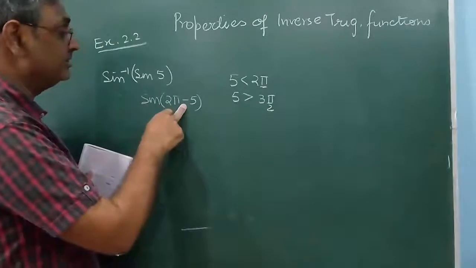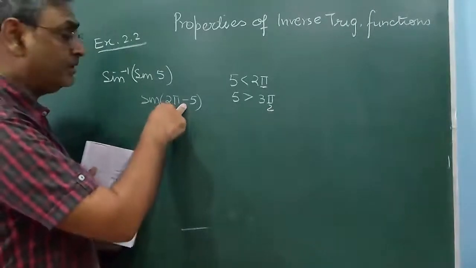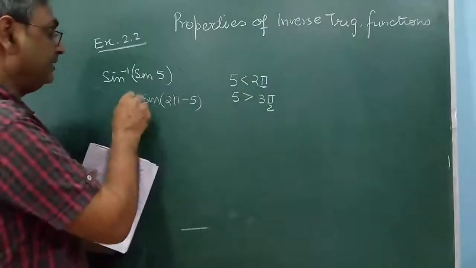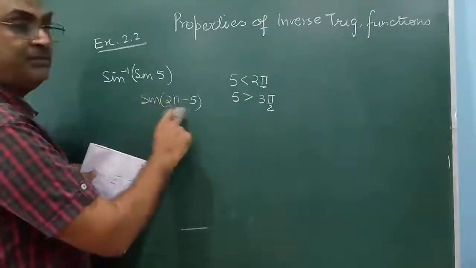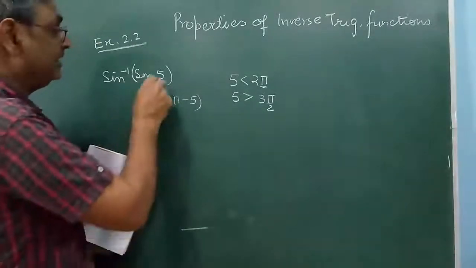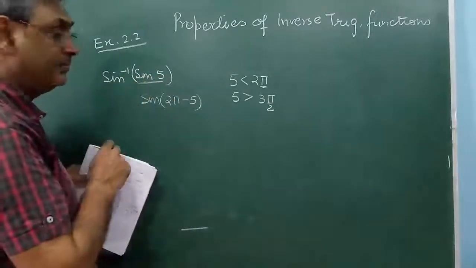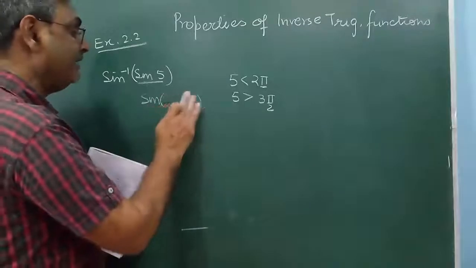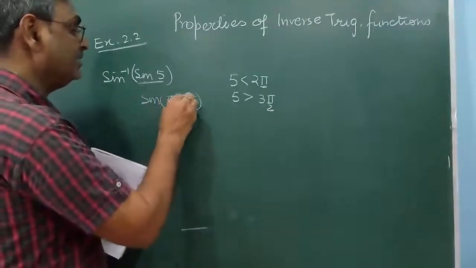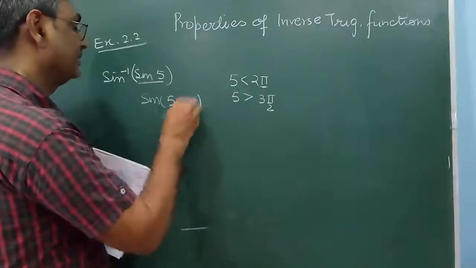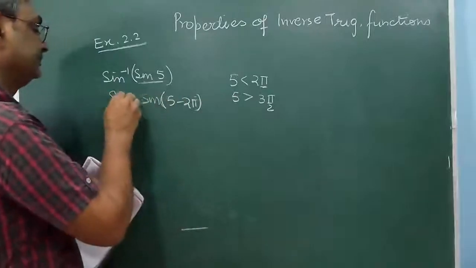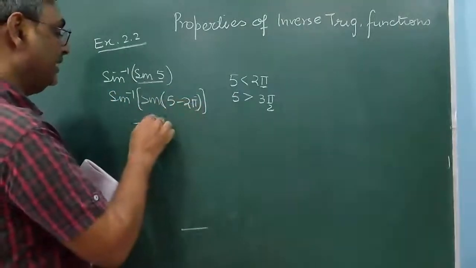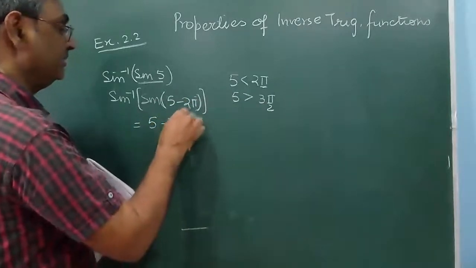It is the fourth quadrant, and in the fourth quadrant the sign becomes negative. When I remove the sine, a negative sign will appear, but here it is sine 5. So what to do? I will interchange it and write 5 minus 2 pi. So this is the value it will be.